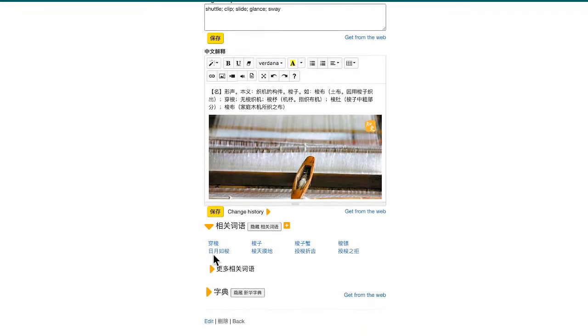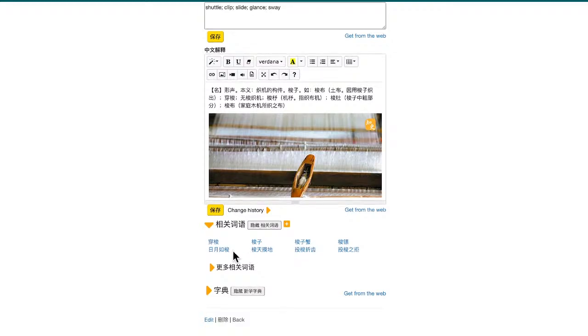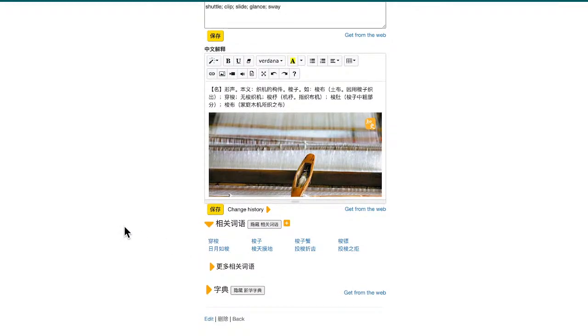Related words are like 穿梭, 穿梭就是 back and forth, and 日月如梭. This refers to the sun and moon passing across the sky periodically, with a rhythm, just like the shuttle going back and forth on the weaving machine. So, 日月如梭.